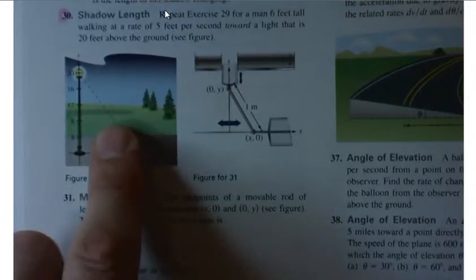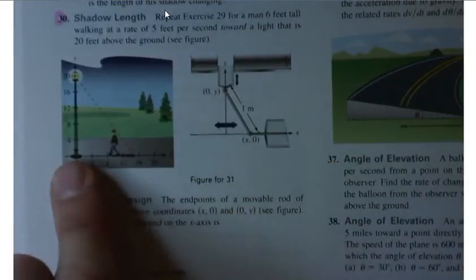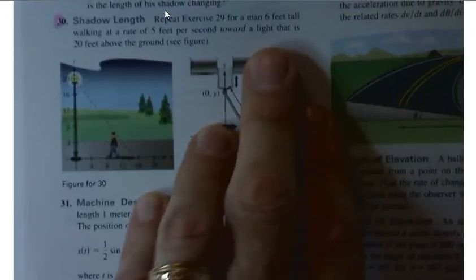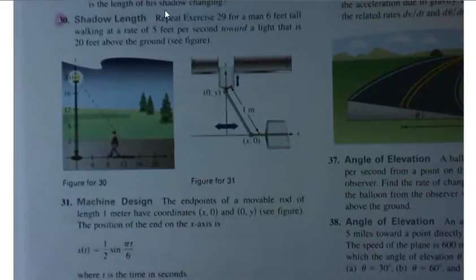The man in problem 30 is 6 feet tall. He's walking at a rate of 5 feet per second. How fast is the length of his shadow changing? Okay, well, let's find out.